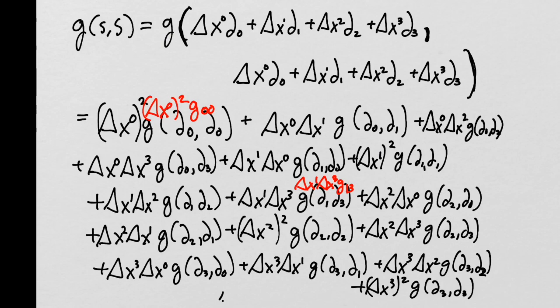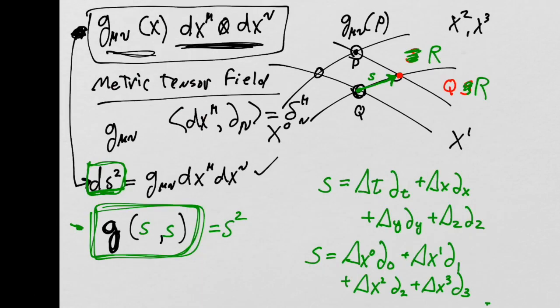Remember that the idea behind the delta x's is they were the coordinate expansion of this little guy s. And that little guy s was supposed to be a tiny displacement vector that connects two very nearby points in space-time, which I am referring to as the old calculus form of delta. When I put in this delta here, that's like from calculus, right?